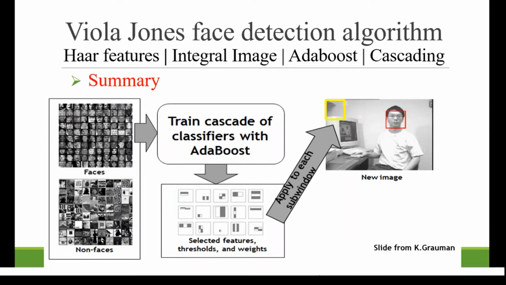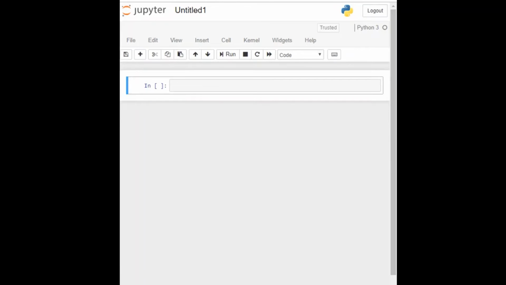Here we learned how Haar features work, how integral images work, how AdaBoost works, and how cascading works. Now we'll be using Haar Cascade for face and eye detection. For this we'll need a cascade file, which is haarcascade_eye.xml and haarcascade_frontalface_default.xml. I am assuming that you already have those files.